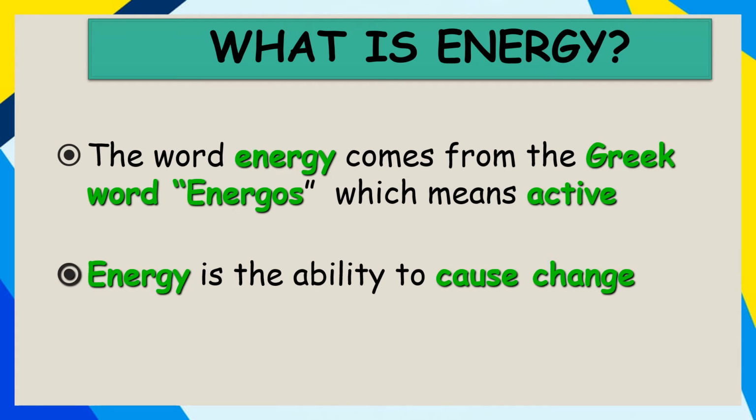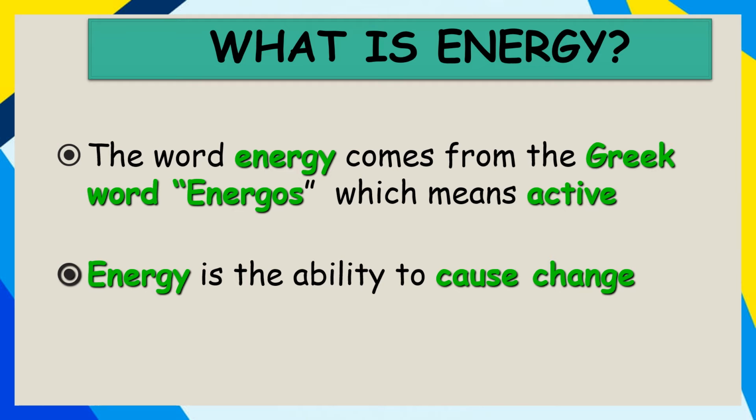So, what is energy? The word energy comes from the Greek word energos, which means active. So, energy is the ability to cause change. As I told you, जब हम लोग ने पढ़े थे वो boy का example when he was trying to pull the car or push the car, what was he doing? He was applying energy.